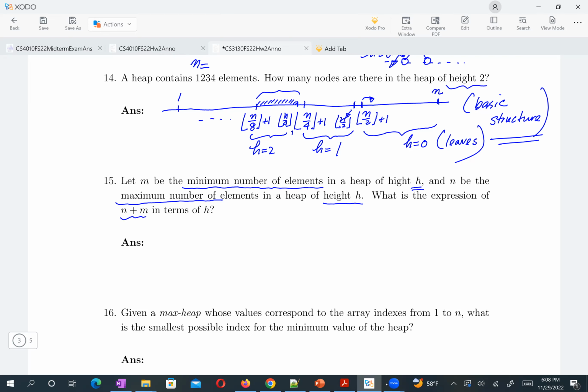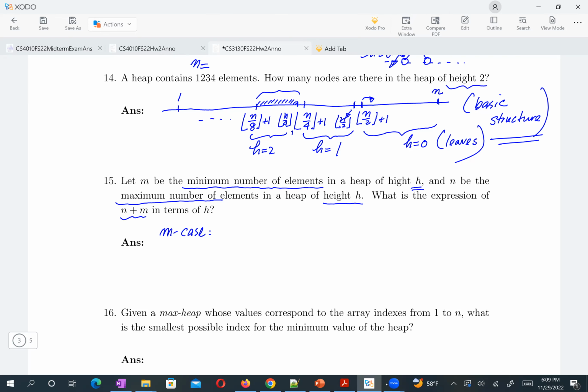Here I draw two diagrams for the M and N situations, so then you know the answer immediately. For the M case, we know the height, and we want to draw a heap with the minimum number of nodes.